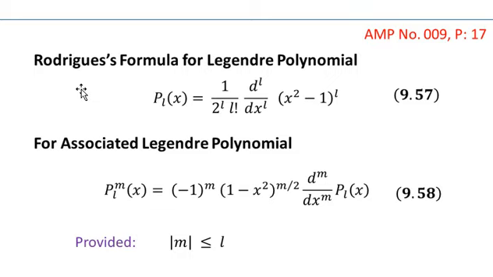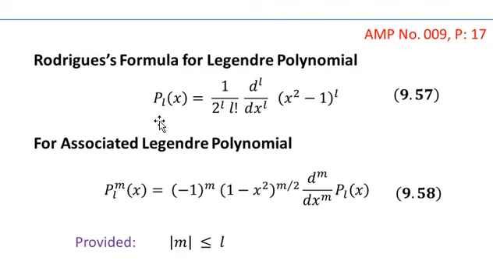So this is the Rodrigues formula for the Legendre polynomial, shown in equation number 57.